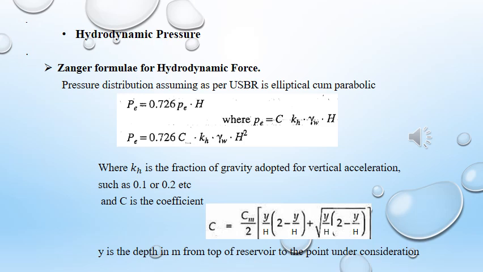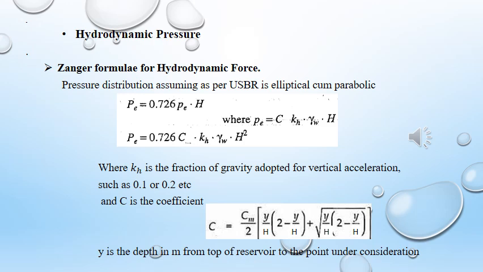According to the Zanger formula, the pressure intensity, small pe, comes out as C kh gamma w into H, where pe is the pressure intensity in kilonewton per meter square or ton per meter square, and kh is the horizontal earthquake coefficient, that is 0.1 for earthquake intensity of 0.1 g.